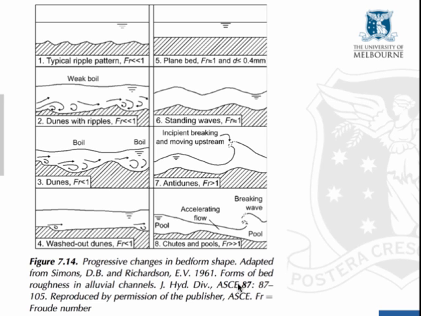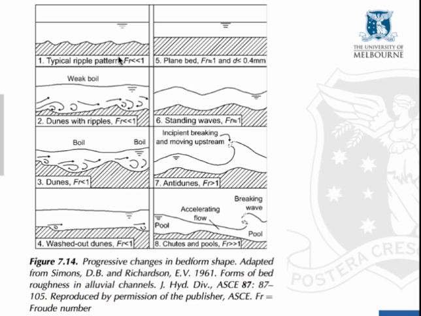And this diagram shows these transitions from the lower to the upper regime. We can see the typical ripple pattern here, and this model characterizes the transitions through to the upper regime based on the Froude number.